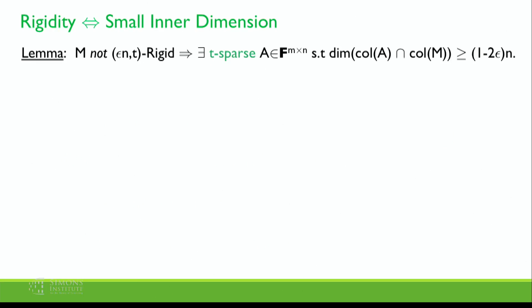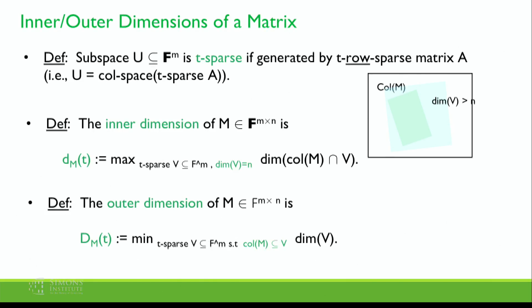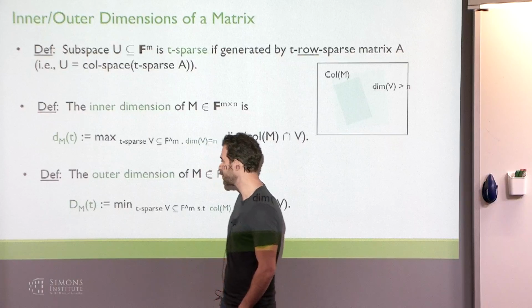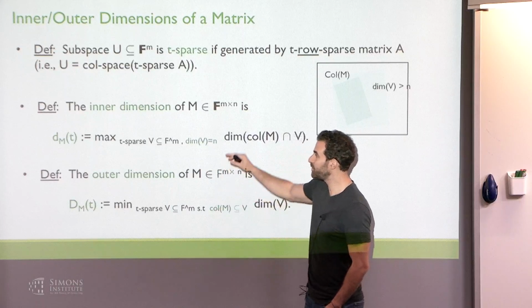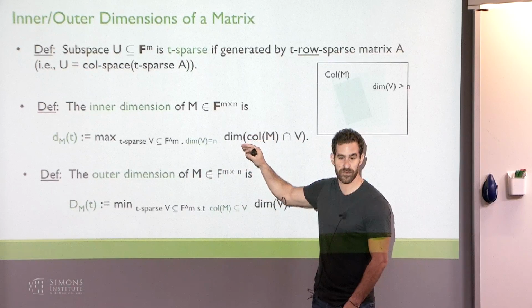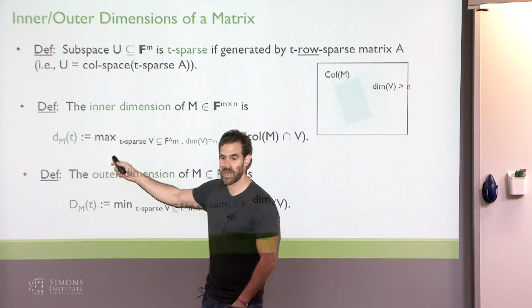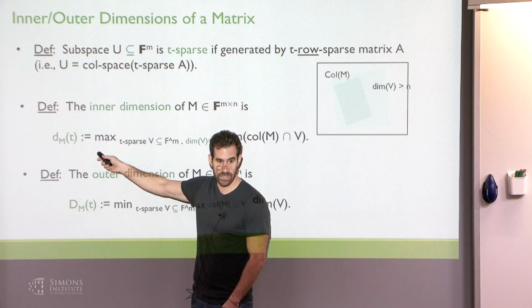So in the next 5 minutes, I want to convince you of what is the key fact that makes most of the rest of the results fairly simple. I want to convince you that the property of being rigid, or strongly rigid actually, is exactly the property of having low inner dimension.